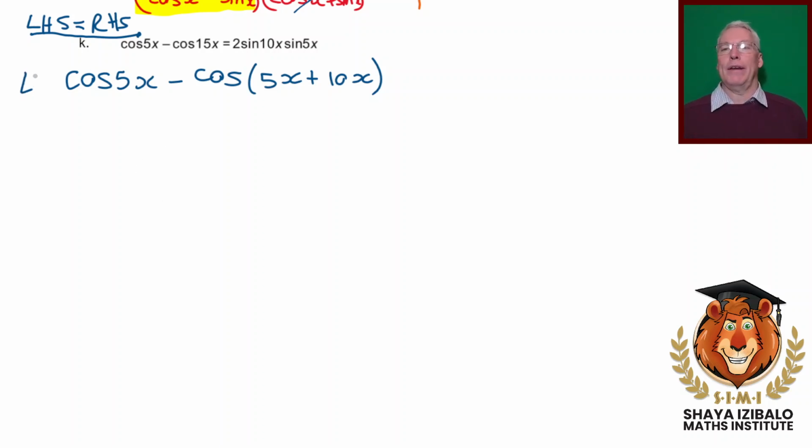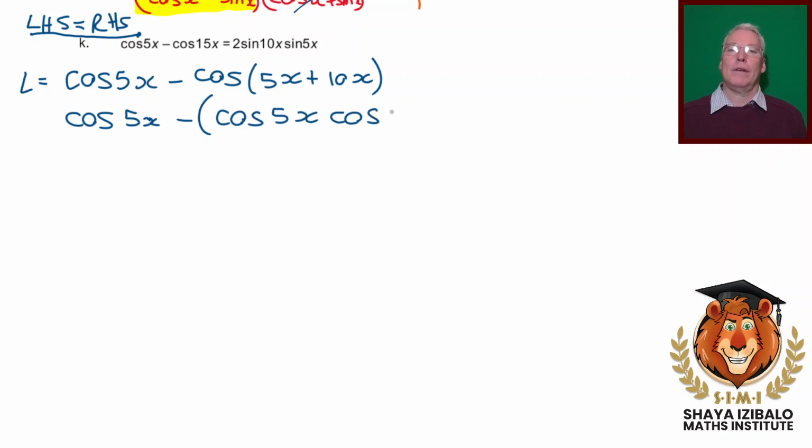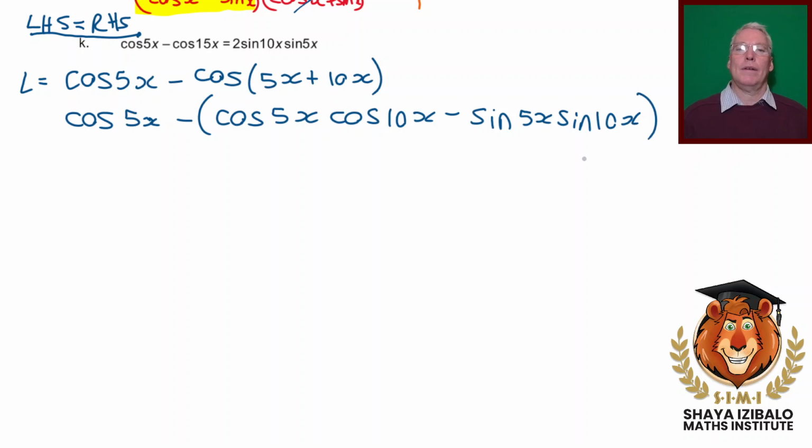So this is the left hand side. I'm going to leave the cos 5x as it is. And over here, we're going to put in the expansion for cos(5x plus 10x). That's going to be cos 5x cos 10x, then minus sin 5x sin 10x.